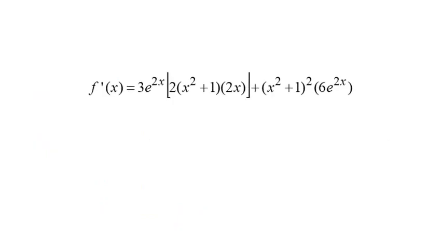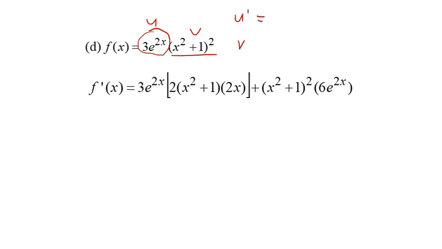For question D, this is the question. As you can see, we have two terms, so we define this one as e to the u and this one as v. Don't forget, you have to find u prime and v prime first. Write down u prime and v prime, because in the exam there will be marks for finding them first. For u prime, copy 3e to the 2x and then differentiate 2. 3 times 2 simplifies to 6e to the 2x.